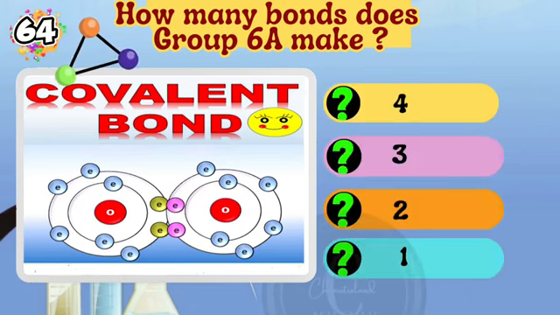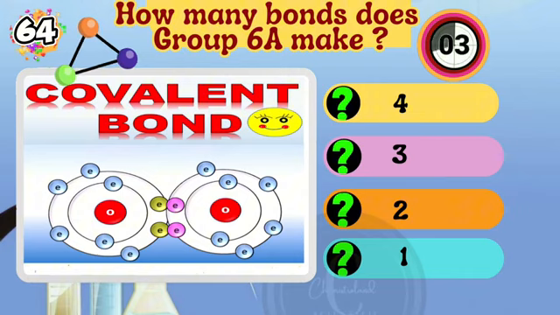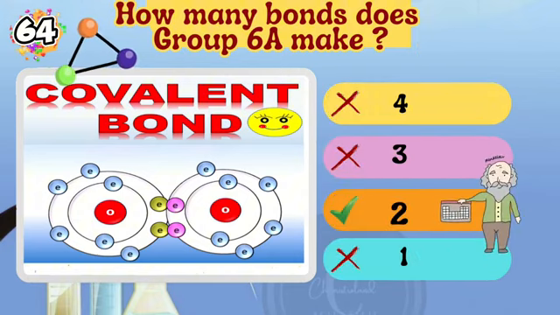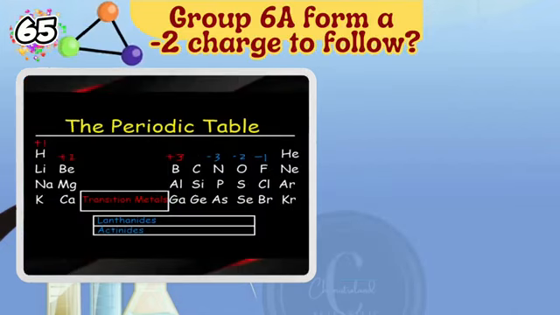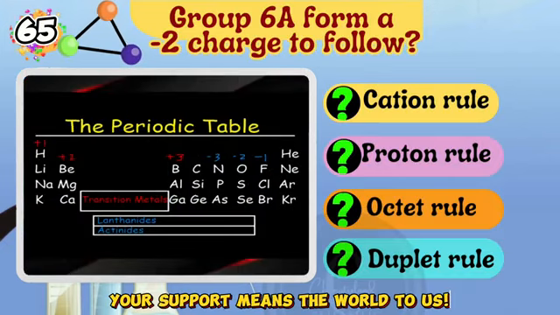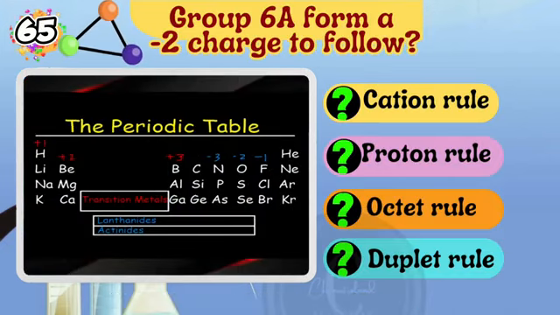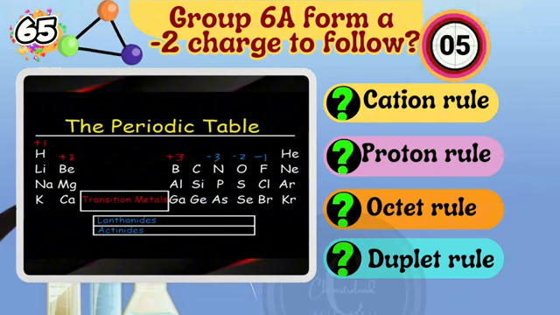How many bonds does 6A group make? Two bonds. Group 6A form a -2 charge to follow what? Octet rule.